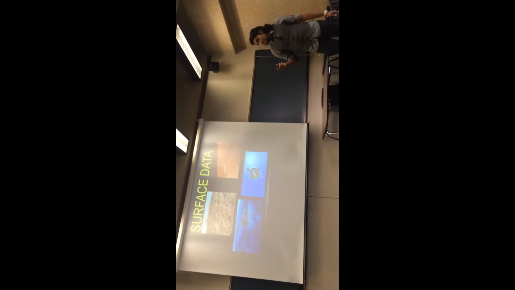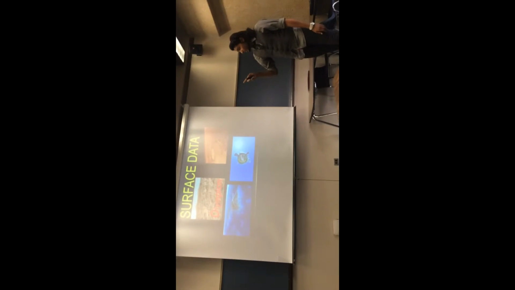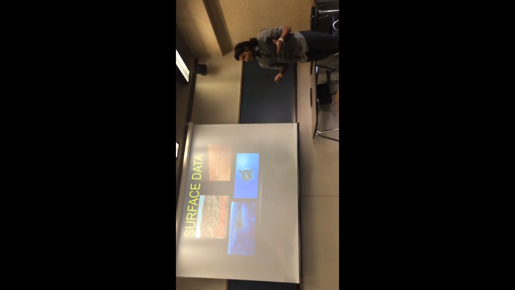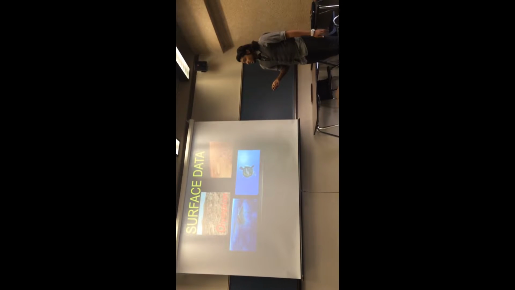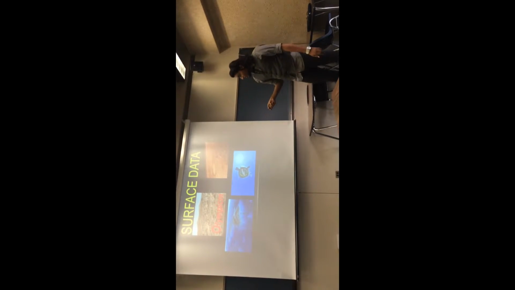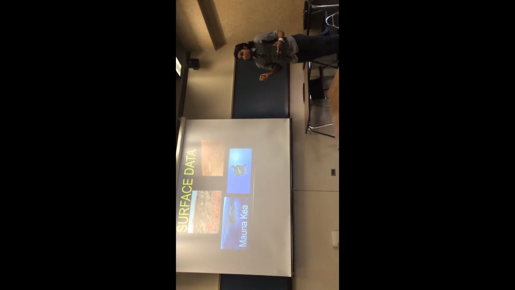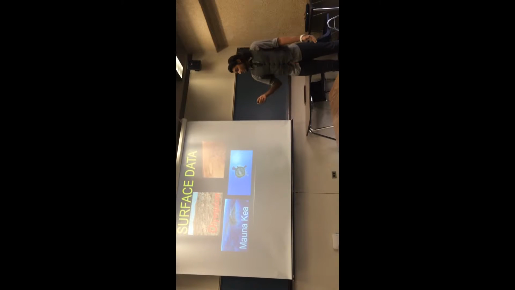The highest point in Mars is called Olympus Mons. It's 25 kilometers from the ground. And here we have Mauna Kea, the highest point from the bottom of the ocean.